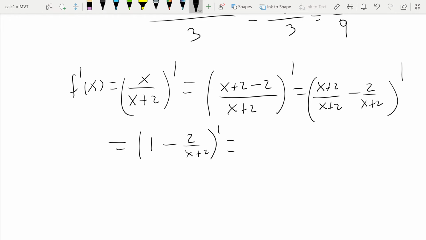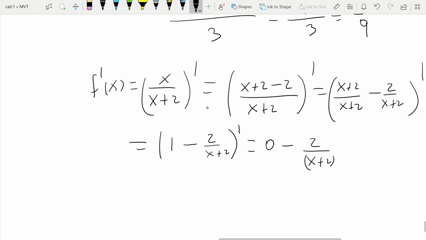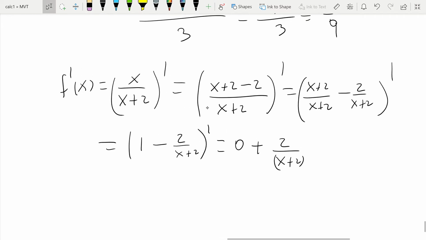This is much shorter than applying the quotient rule, because the derivative of 1 is 0. And 2 is just a constant, so just take the derivative of 1 over x plus 2, which is minus 1 over x plus 2 squared times the derivative of x plus 2 with respect to x, which is 1. All in all, this is 2 over x plus 2 squared.